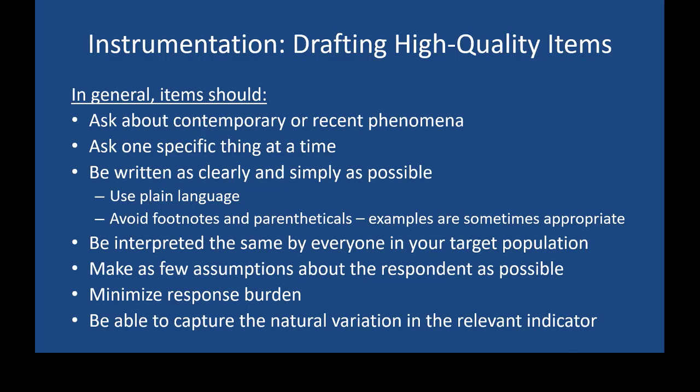So you want to ask about contemporary or recent phenomena. The idea here is that people don't always have the best memory. So, for instance, in talking with some of the doctoral students in K-12 programs, sometimes people are interested in what's happened because of the pandemic. Like, what sort of changes can we attribute to the onset of the pandemic?